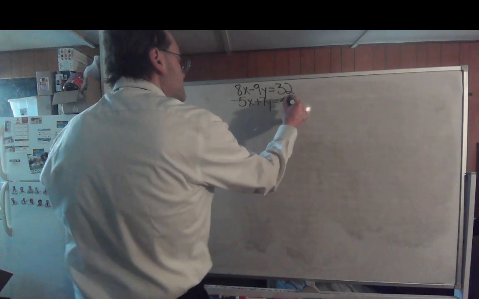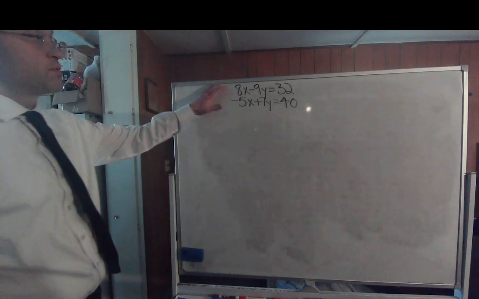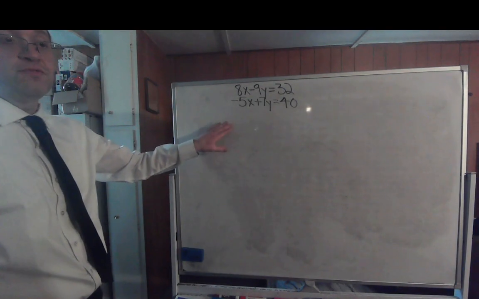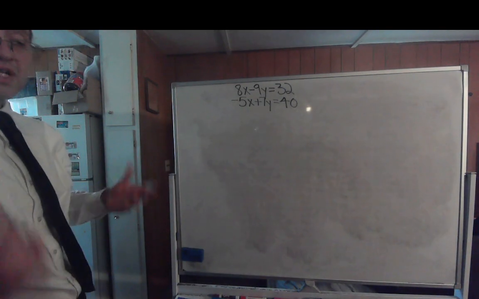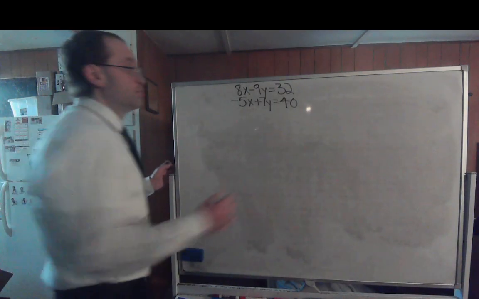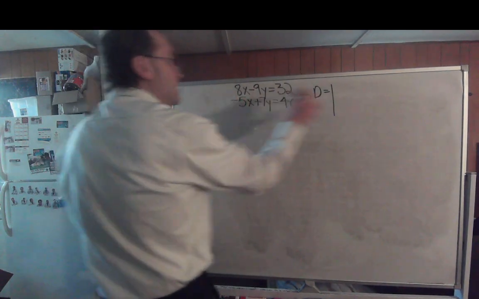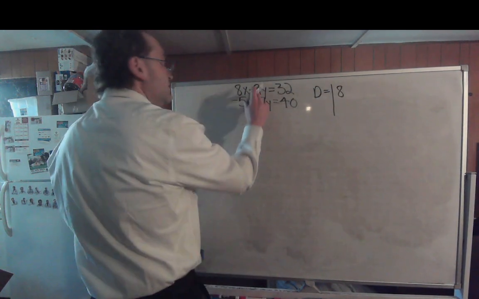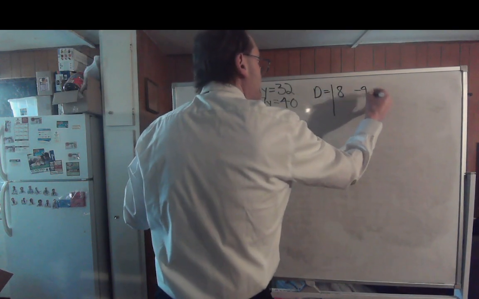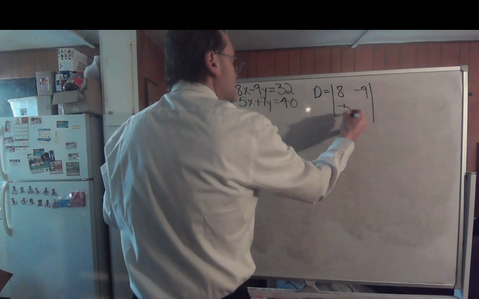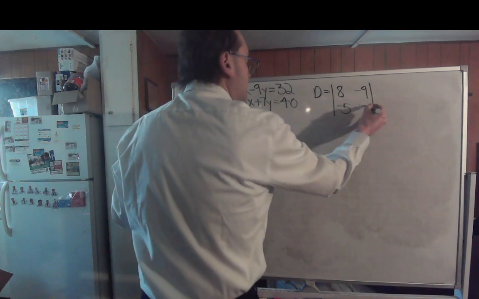All right, so in this system, 8x minus 9y equals 32, negative 5x plus 7y equals 40. So let's set up our coefficient determinant of d. So take that 8 on the x, the negative 9 on the y, that negative 5 on the x, and then that 7 on the y.